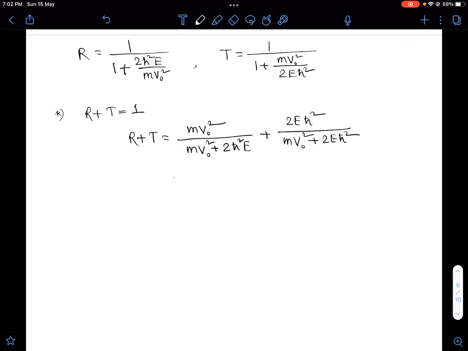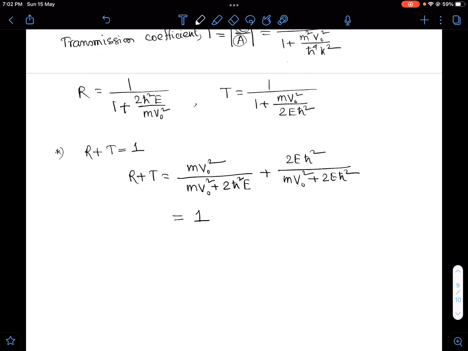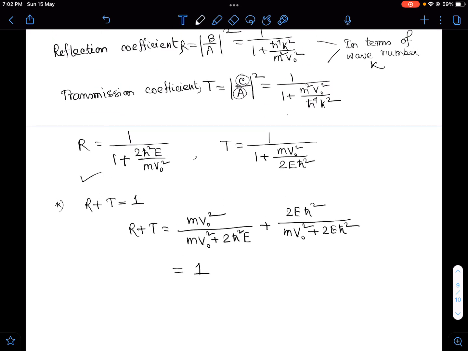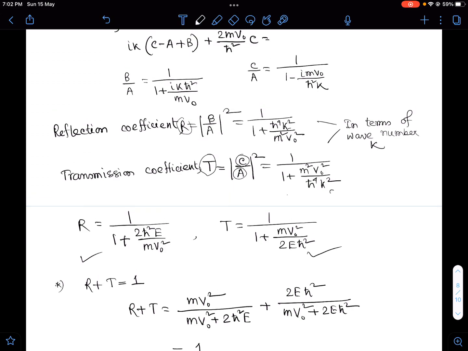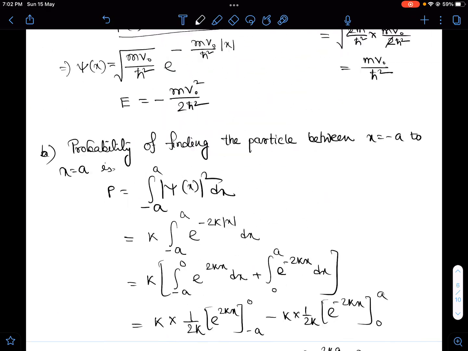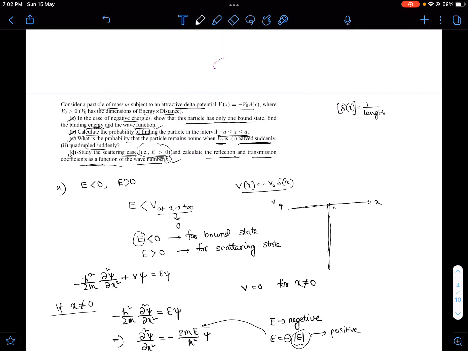If you do the summation, we can see that R plus T is 1. So our reflection and transmission coefficients are perfectly fine. These are the reflection and transmission coefficients in terms of our wave number k, which we were asked to find in the given question.